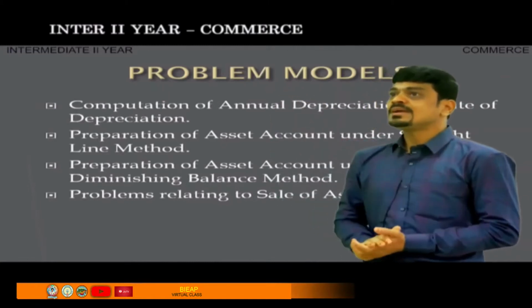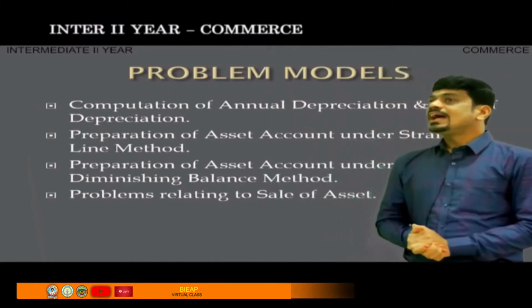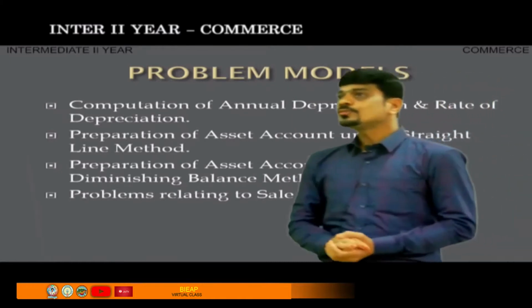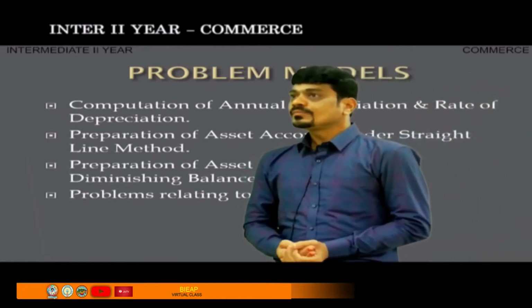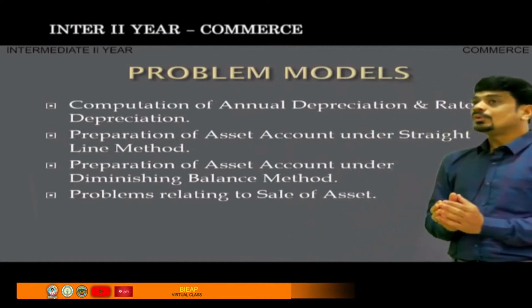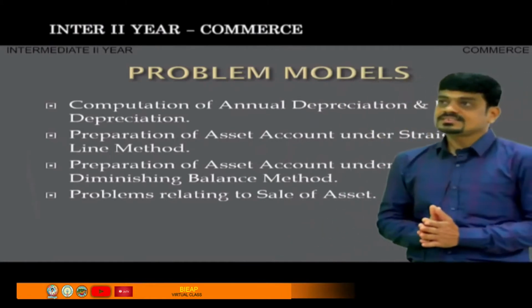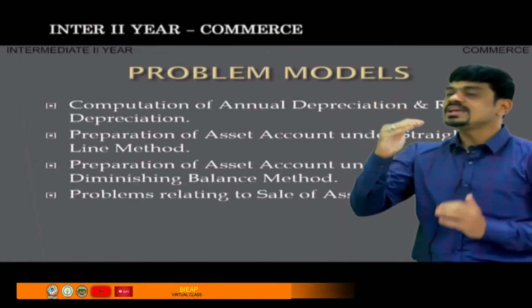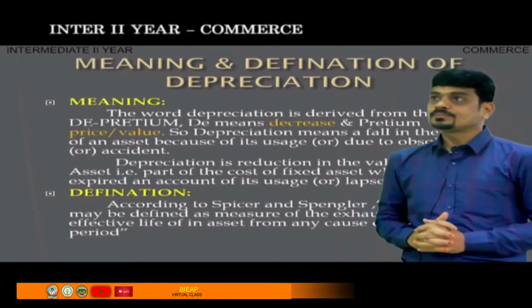One is straight line method, and in model number 3 I have mentioned diminishing balance method. And in the 4th model we will be learning how to account when we sell the asset, that is sale of asset. These are the 4 models we have grouped for this chapter.